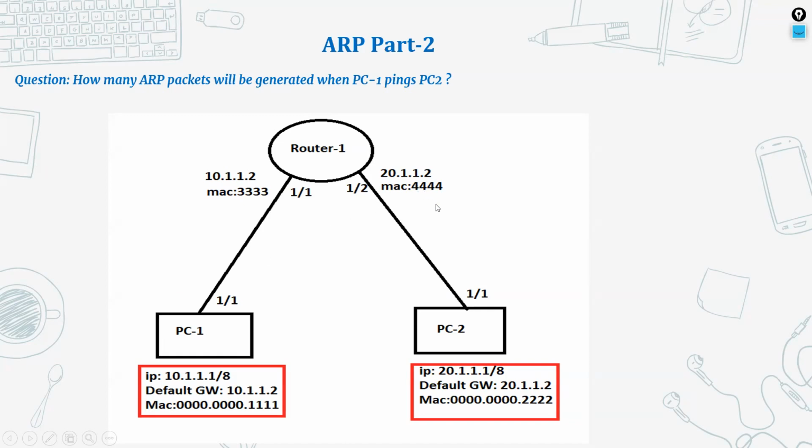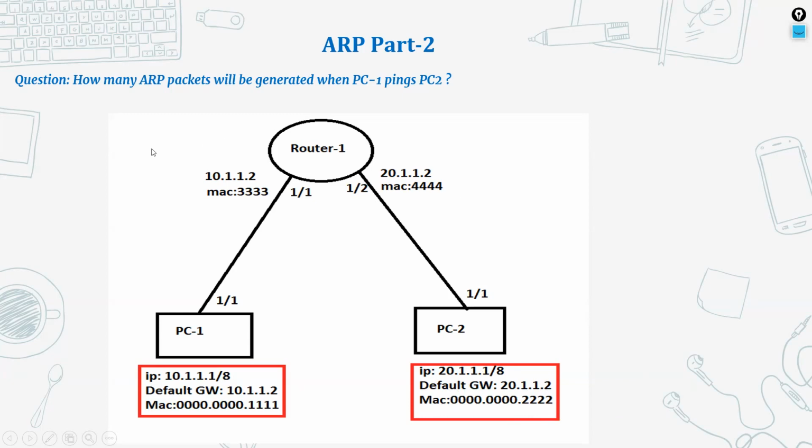And the IP address of router 1 interface 1/2 is 20.1.1.2, which is the gateway for, you can see, PC2. The IP address of PC2 is 20.1.1.1/8. Default gateway 20.1.1.2, which is the IP address of router 1, and the MAC address of PC2 is 2222.